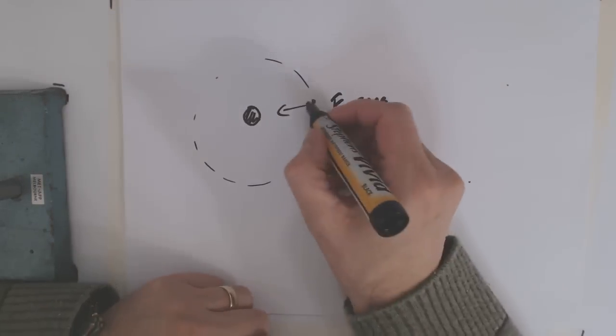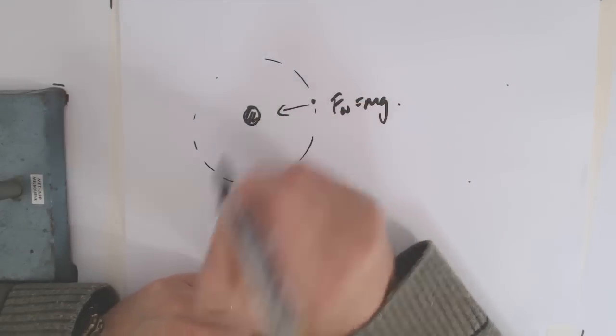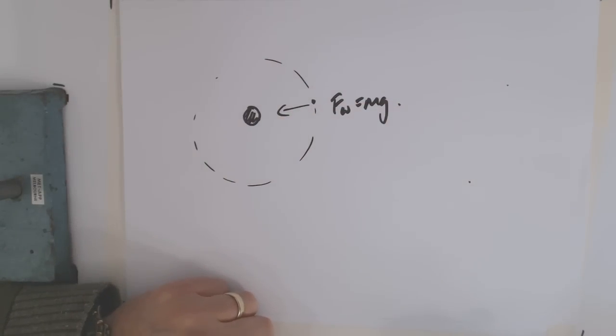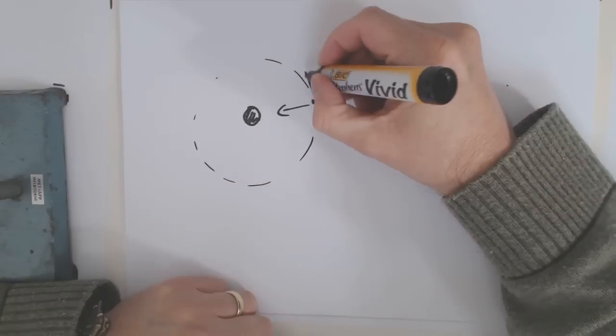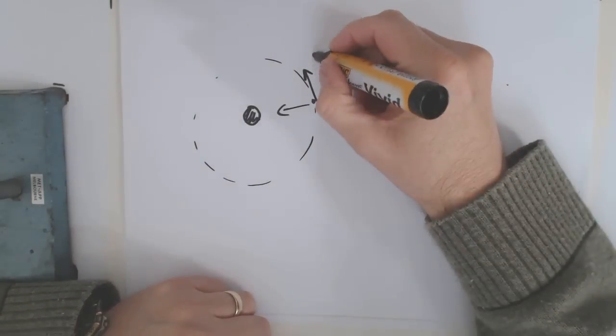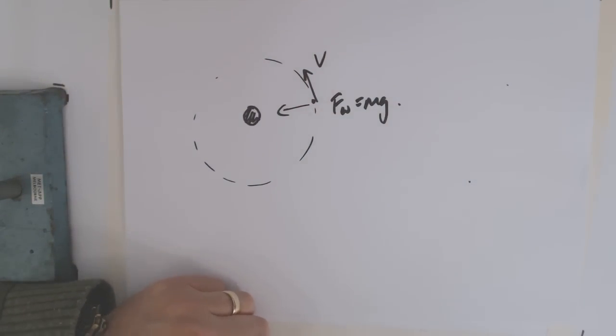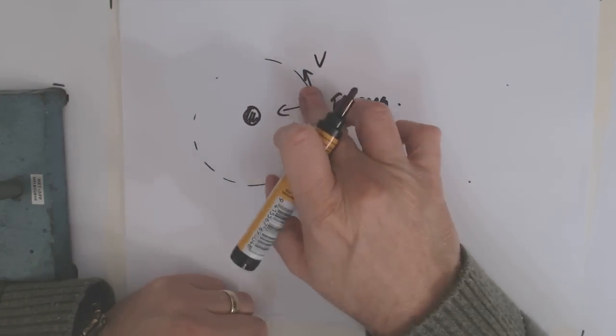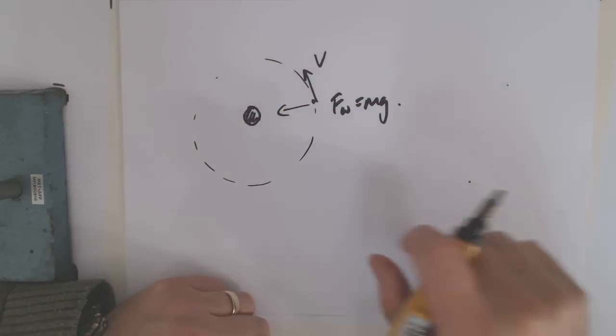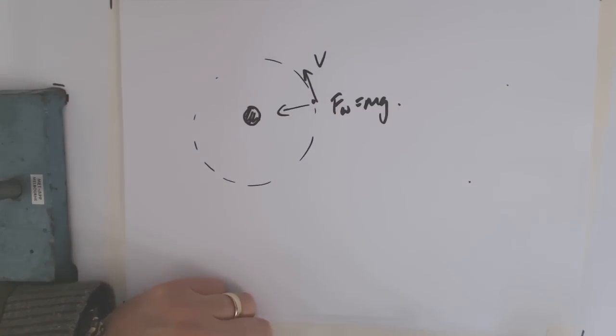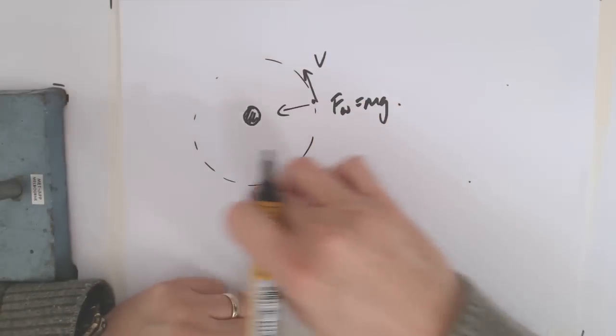Now, doesn't gravity just pull an object down back to the Earth? Well, it would, but if we've got a velocity like that, tangential to the direction of that force, then that force can be used to change the direction of the object.